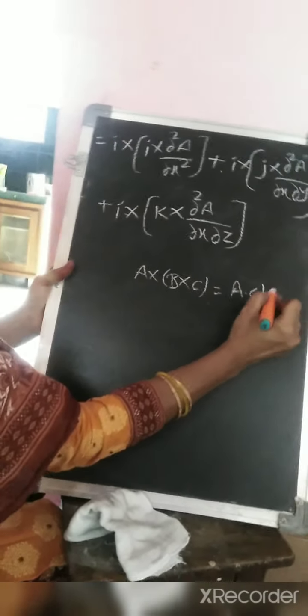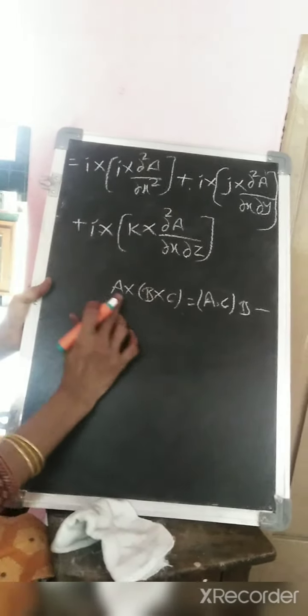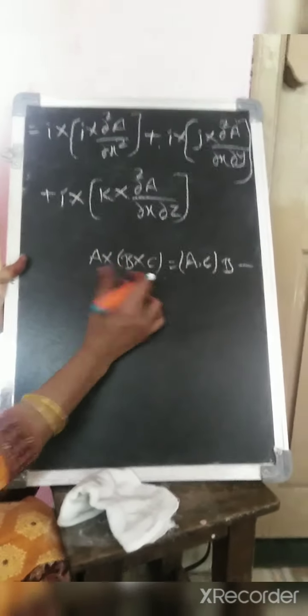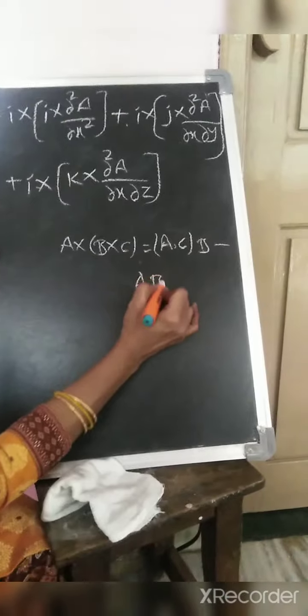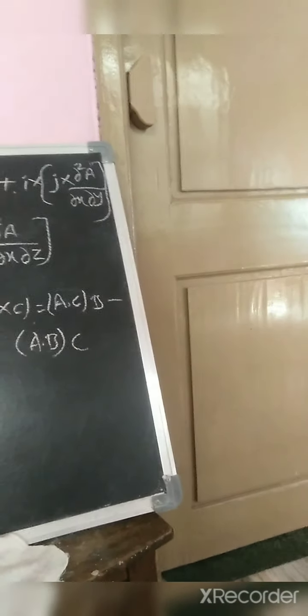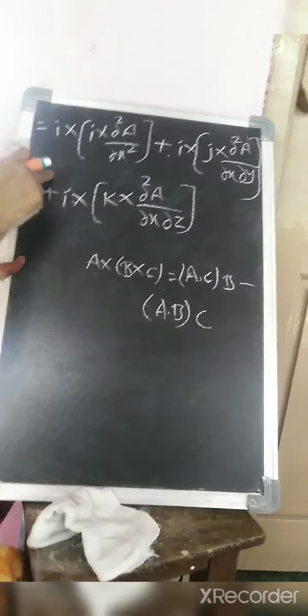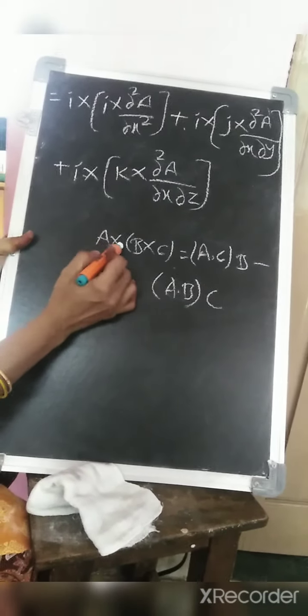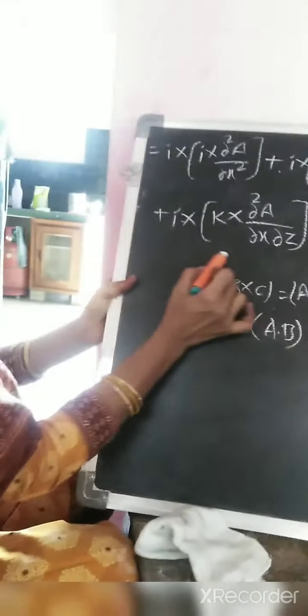So next, i cross the last term, so that is i cross k cross ∂²A/∂x∂z. So this one.